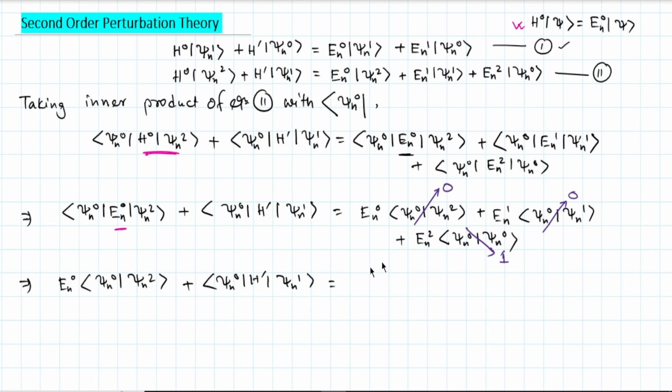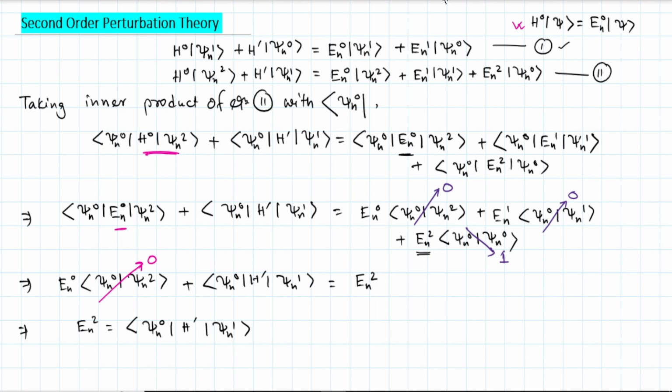So after that, the last term E n 2 will be here, and for different states the inner product will be 0. Then E n 2 equals <psi n 0|H'|psi n 1>.